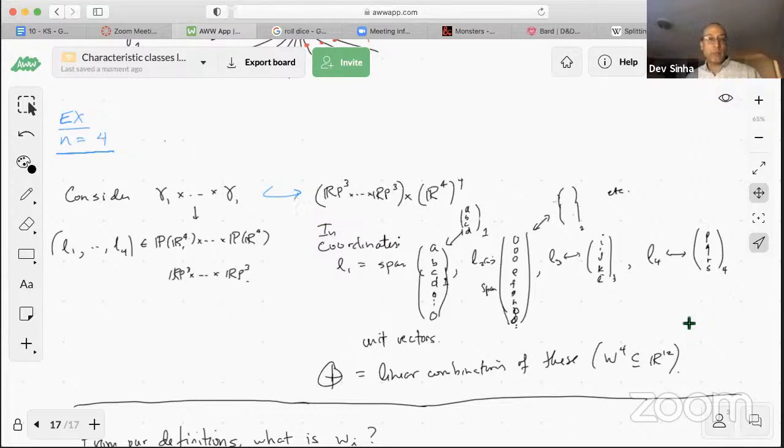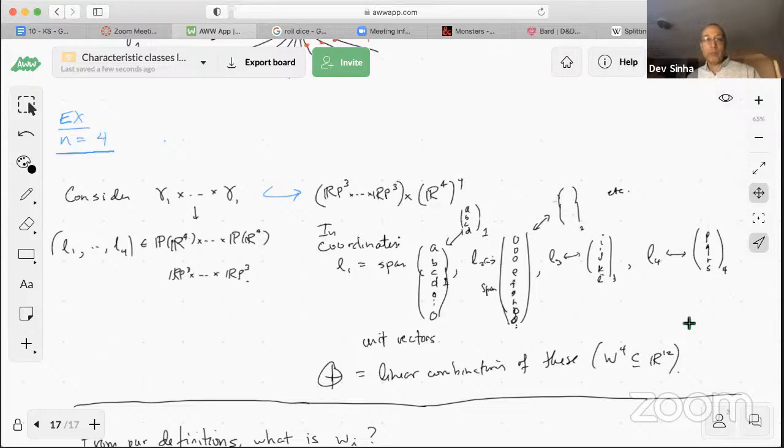Instead of over RP infinity, I'm going to think about it sitting over a product of RP3s, which sometimes I'll call RP3, or I might call P of R4. So it sits over that product, and by definition, this comes as embedded in this trivial bundle. It's a trivial bundle of rank 16 because every line comes in R4. And so the external direct product is a rank 16 vector bundle.